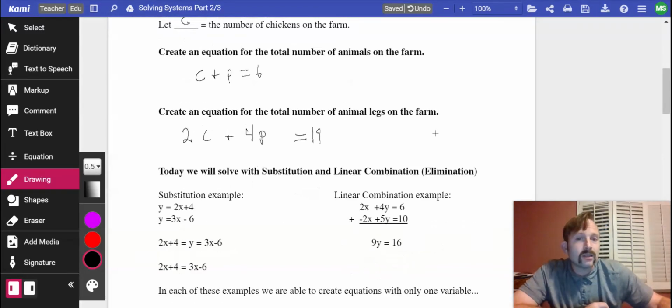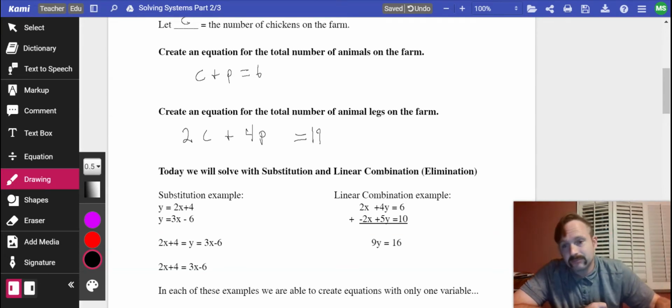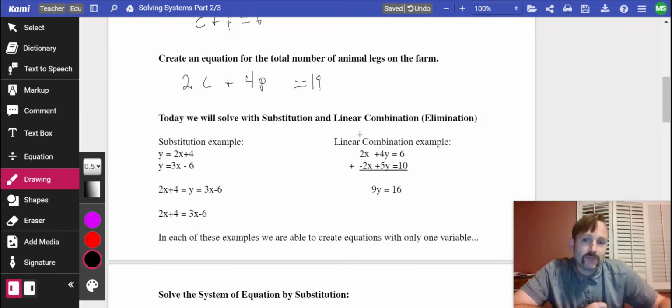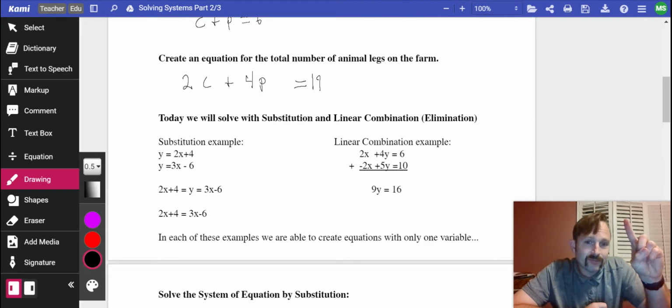Okay, now we're going to be solving today with substitution or linear combination, also known as the elimination method. So here's the substitution method. Isolate for the variable, and then you're going to make 2 equations equal to each other, so you're going to start with 2 variables and get to 1.